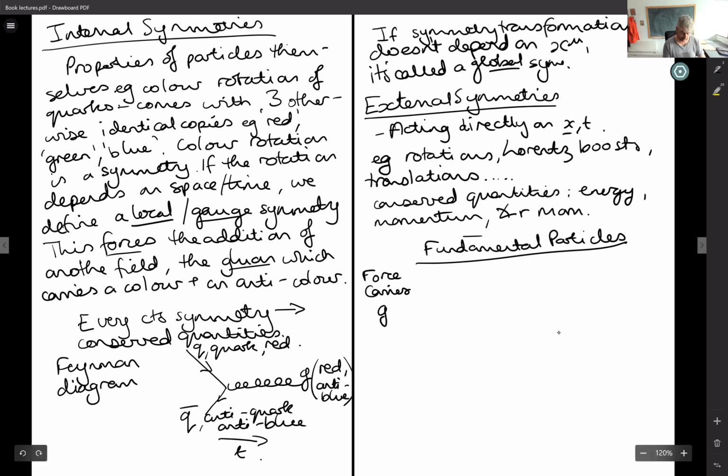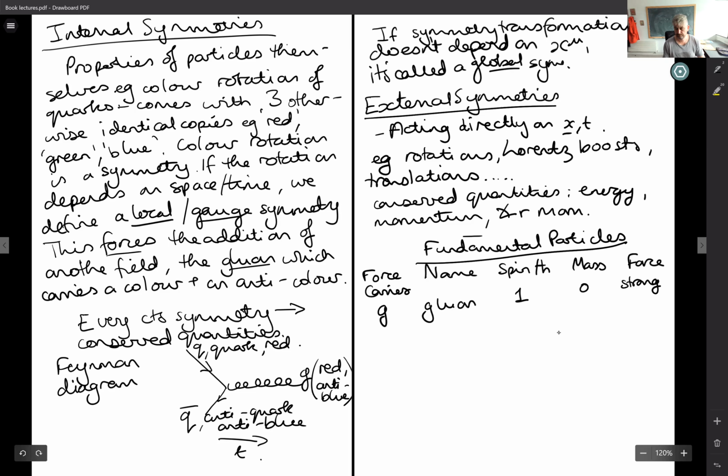So we have the gluon, which we've just met. G, gluon. So we'll write the name, the spin in units of h bar, the mass, and which force it is. So the gluon is a spin 1, it's massless, and it carries the nuclear strong force.